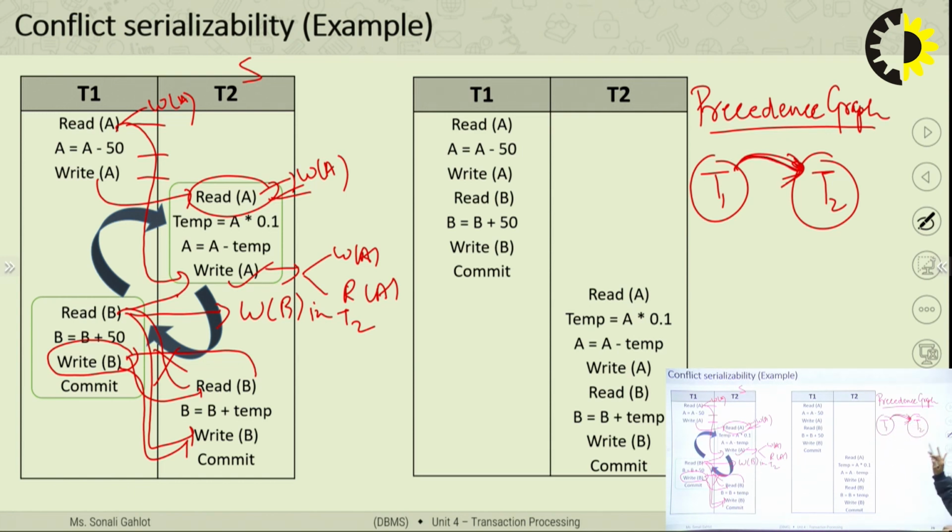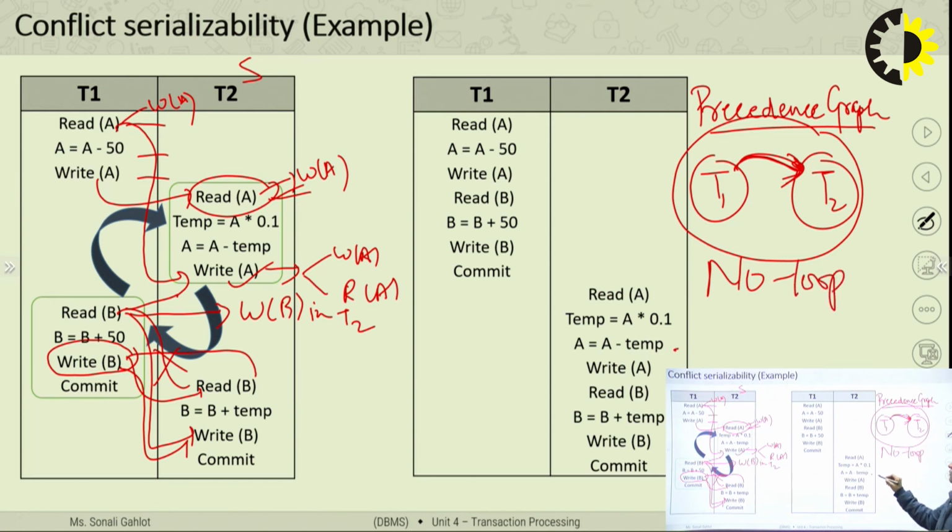This precedence graph contains two nodes, T1 and T2, because in this schedule there are only two transactions, T1 and T2. In this graph there is no loop. Therefore we can say that this schedule is conflict serializable.